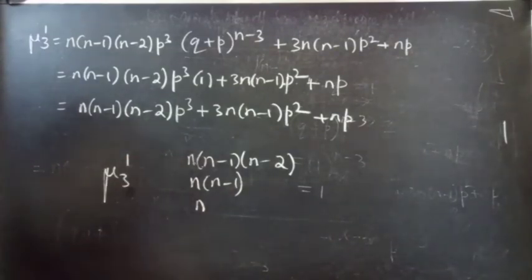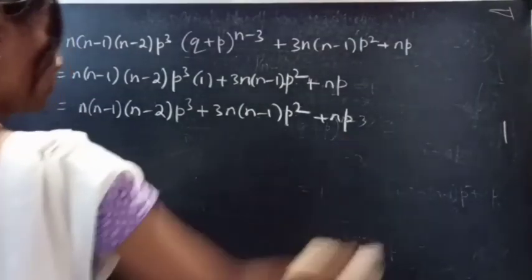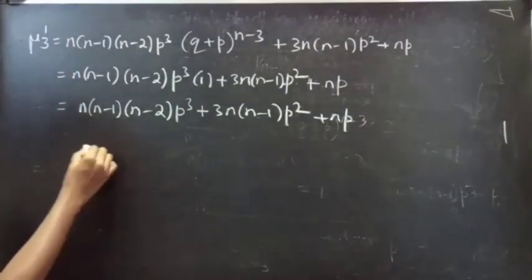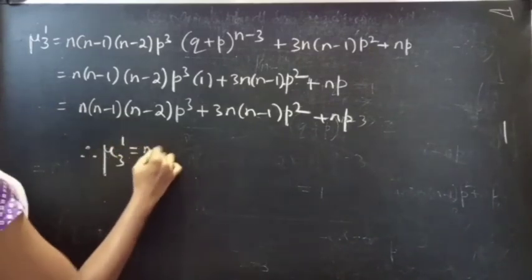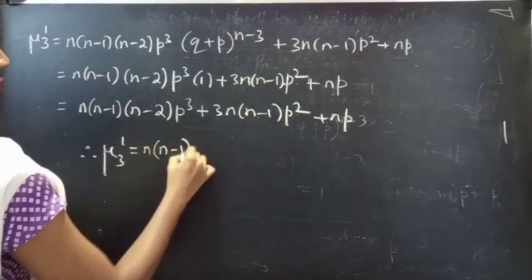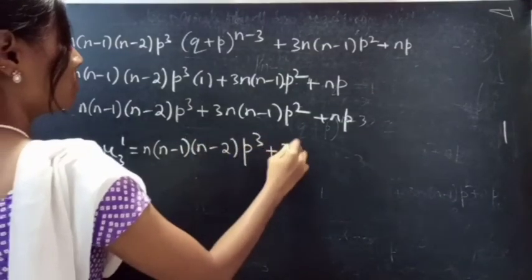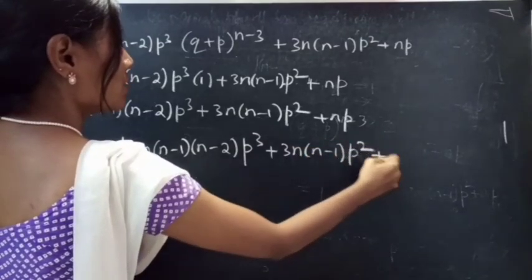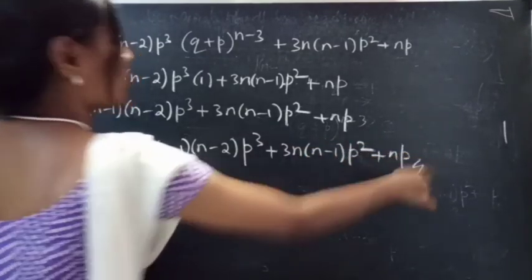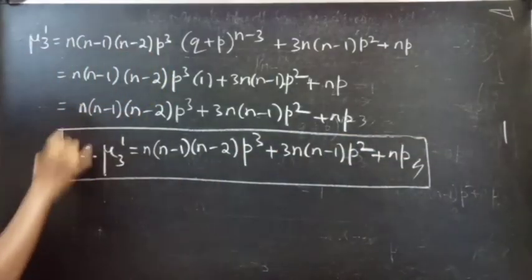Fine. The number of steps will be reduced. Okay, so therefore mu 3 dash equals to n into n minus 1 into n minus 2 into p cube plus 3 into n minus 1 into p square plus n into p. So this is the third moment.